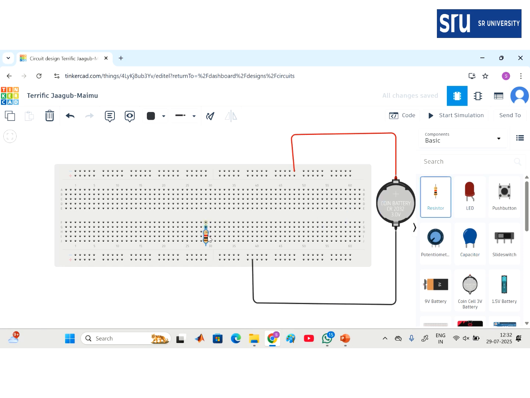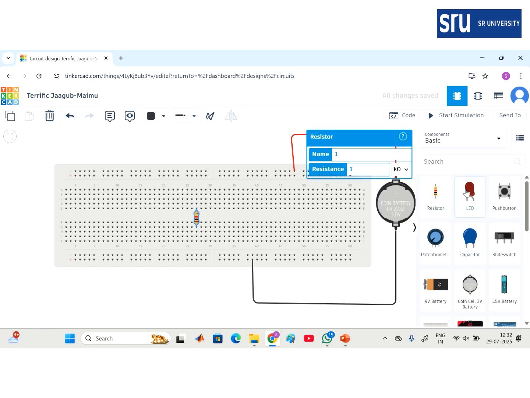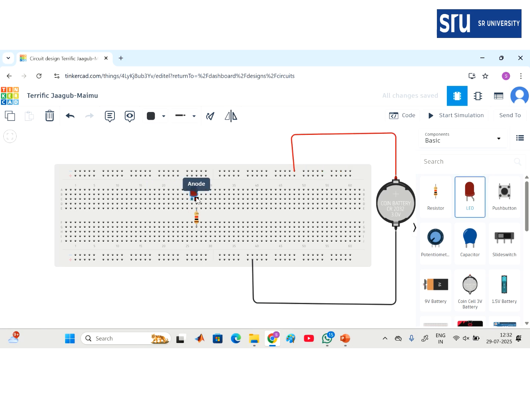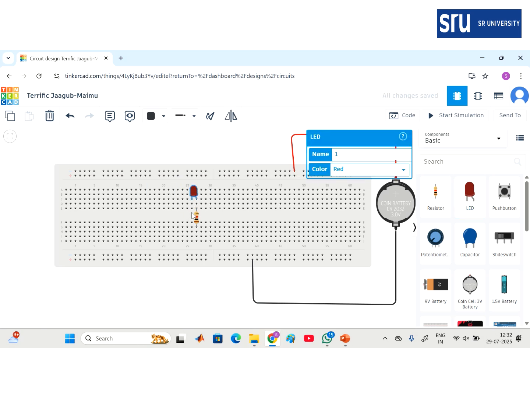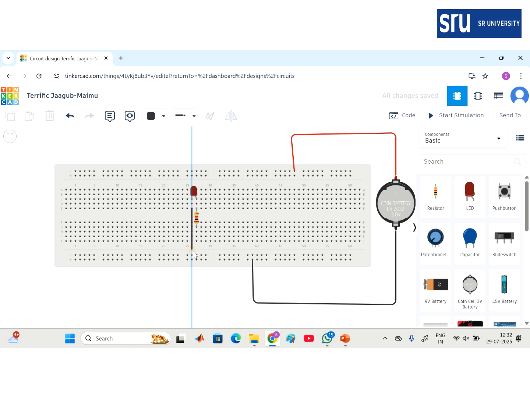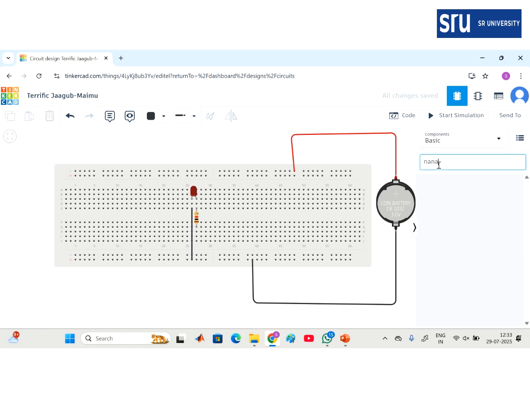Then I require a resistor and one LED to check the output. The LED negative terminal has to be connected to black. Then I require one IC, that is the NAND gate IC 7400.